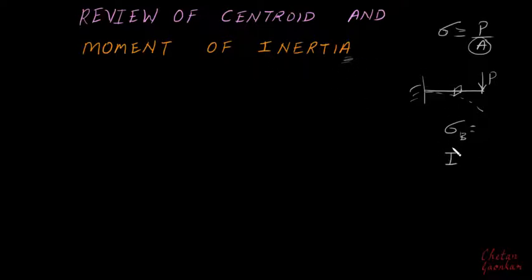So the stresses developed in the beam totally depend on a quantity called moment of inertia and not directly on area. So this makes it important for us to understand this concept of moment of inertia.